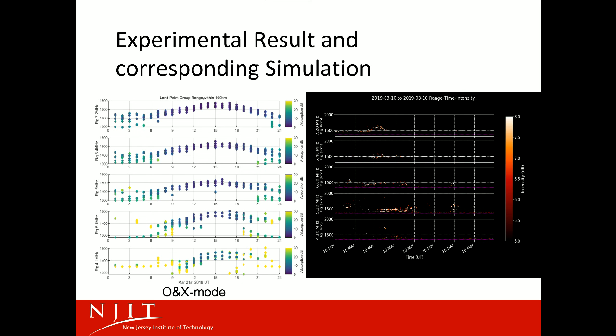The reason may be that the IRI model overestimates the ionosphere density, because with lower plasma density, the reflection point of rays will be higher in altitude, which leads to an increase in group range, and the landing points shown in the simulation during the local night will be out of the selected 100 km radius zone if the plasma density is lower.